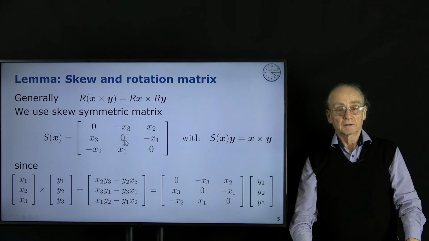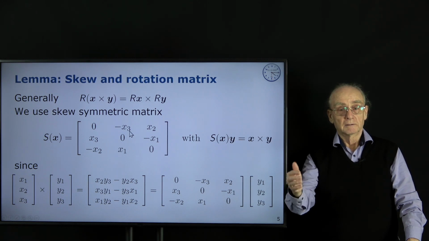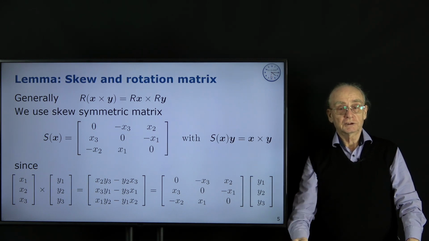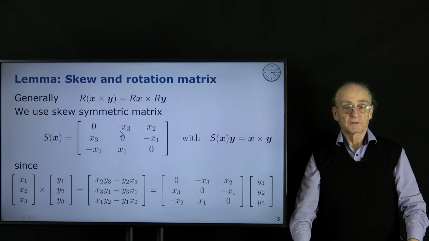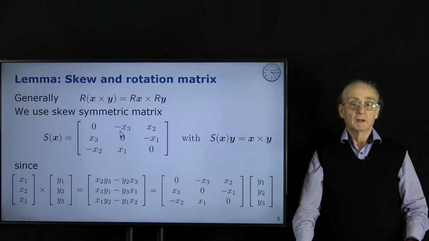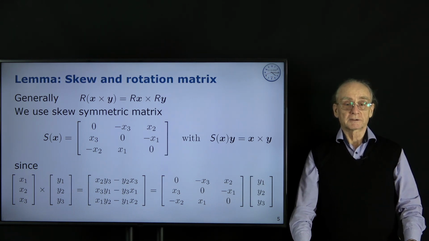And now we have to take into account the indices. So we have here 1, 2, 3 in left turn rotation, so to say. And we have a change of sign starting from minus, plus, minus. This is the way how you can remember how the skew-symmetric matrix is built.